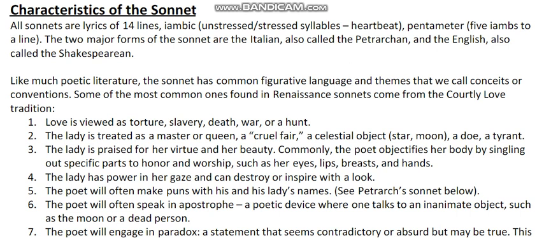The poet will often make puns with his and his lady's names, like the Petrarch sonnet, which is mentioned below. I can show it to you. The poet will often speak in apostrophe, a poetic device where one talks to an inanimate object such as the moon, or to a dead person.